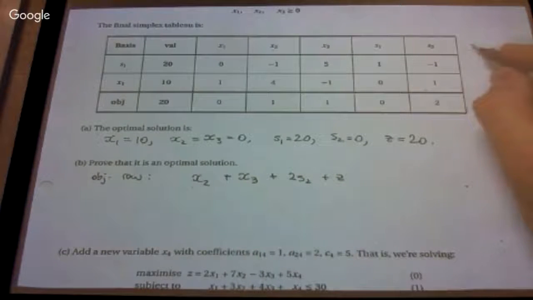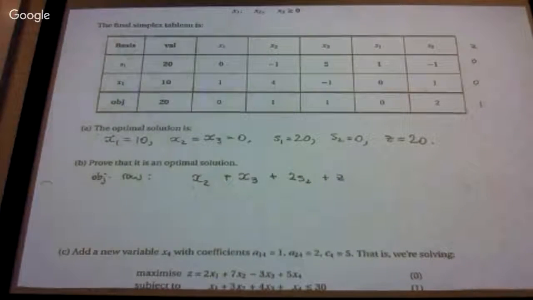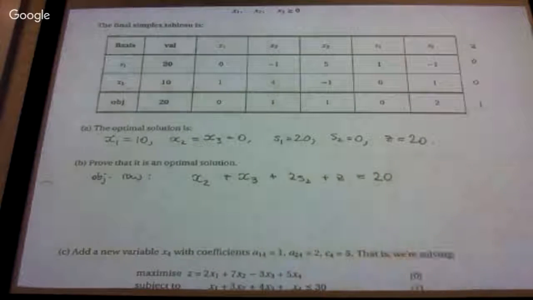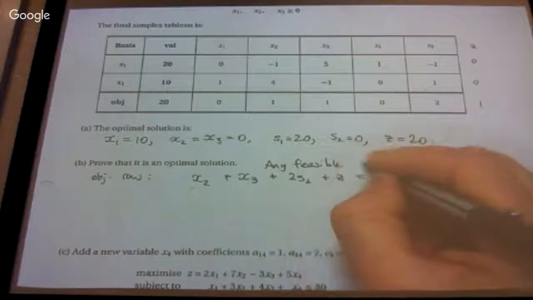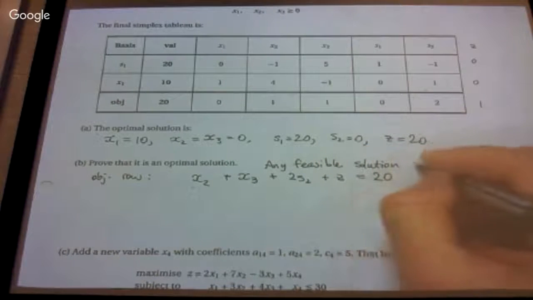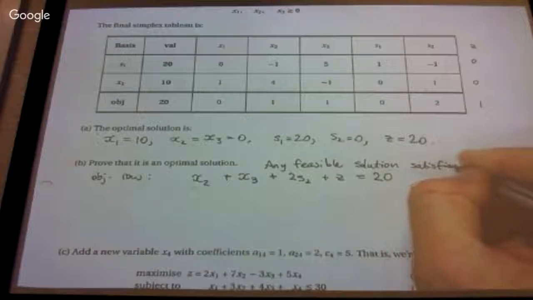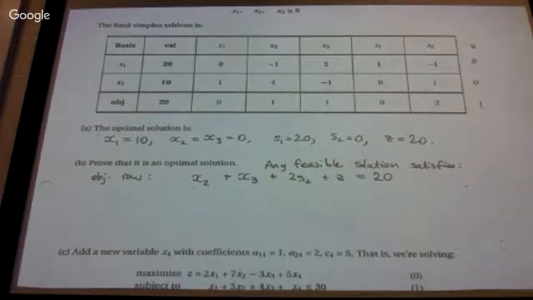So that one could have a column here, which is for the variable z, but we don't write it because it's always 0, 0, 0, 1. So we just ignore it. So plus z is equal to 20. Okay, and so this is satisfied by any feasible solution. Right? Because any feasible solution satisfies all those simultaneous equations, and this is one of them.